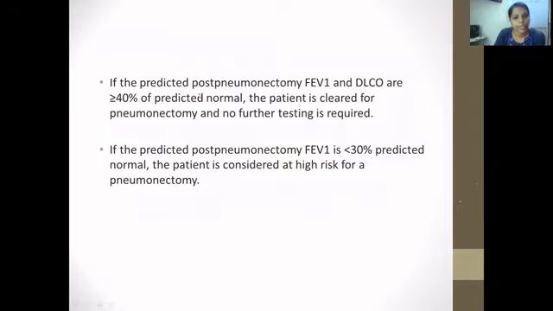If the predicted post-pneumonectomy FEV1 and DLCO are more than 40%, the patient can be cleared for pneumonectomy and no further test is advised. If the percentage PPO FEV1 is less than 30% predicted, then the patient is considered high risk for pneumonectomy.